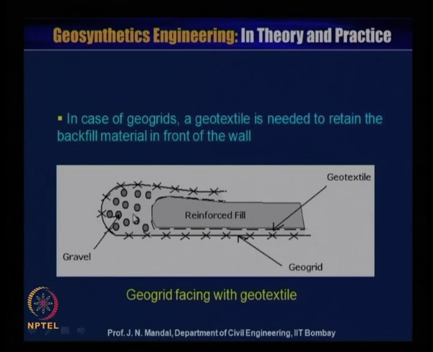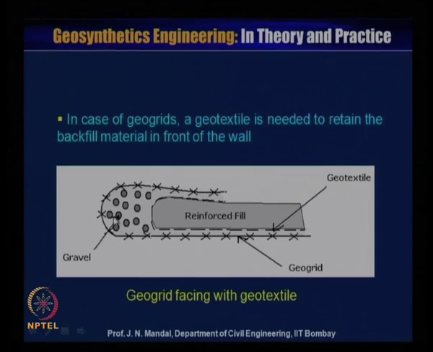Suppose in case of the geogrid, geotextile material here is needed to retain the backfill material in front of the face wall. So this is the geogrid material, and then you are wrapping like this, and you can provide gravel, which will also act as a drainage, and then you place the geotextile material and wrap it, because this is the reinforcement fill.